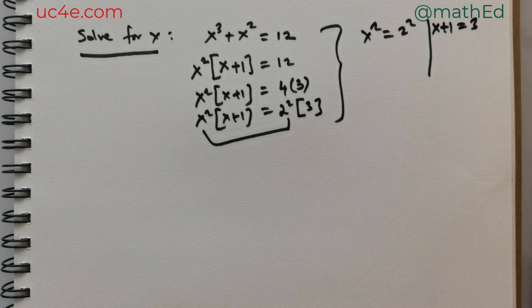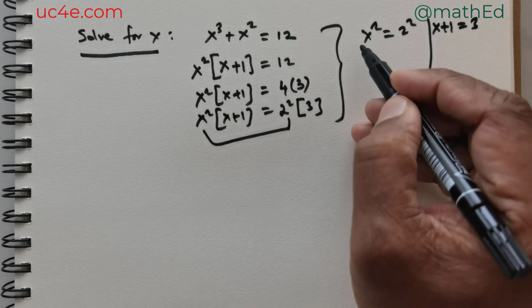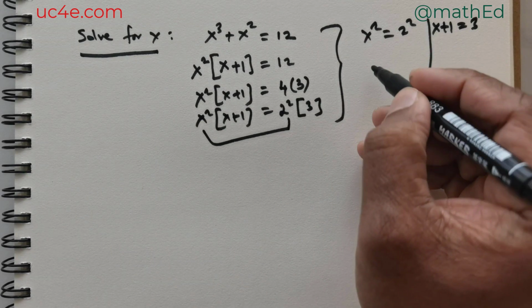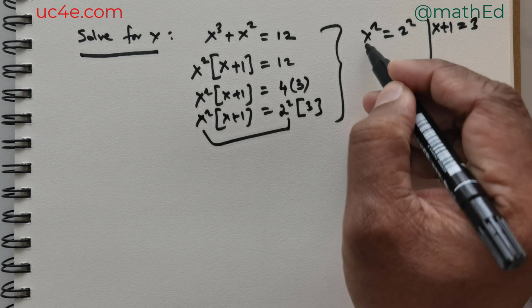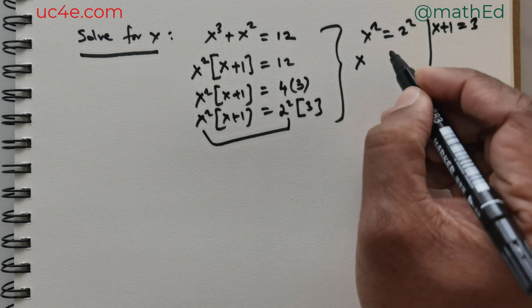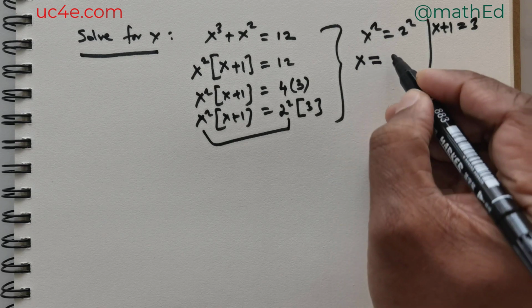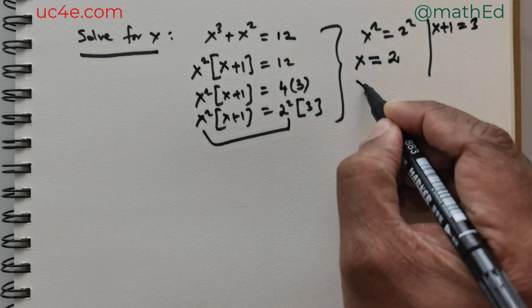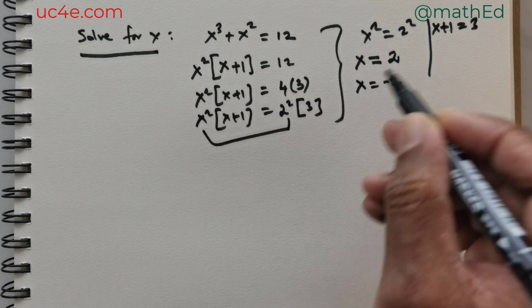Now there is one big problem here. You will have to get the value of x, right? So what they will do is they will apply the square roots and then they would say x has value 2 and x has value negative 2.